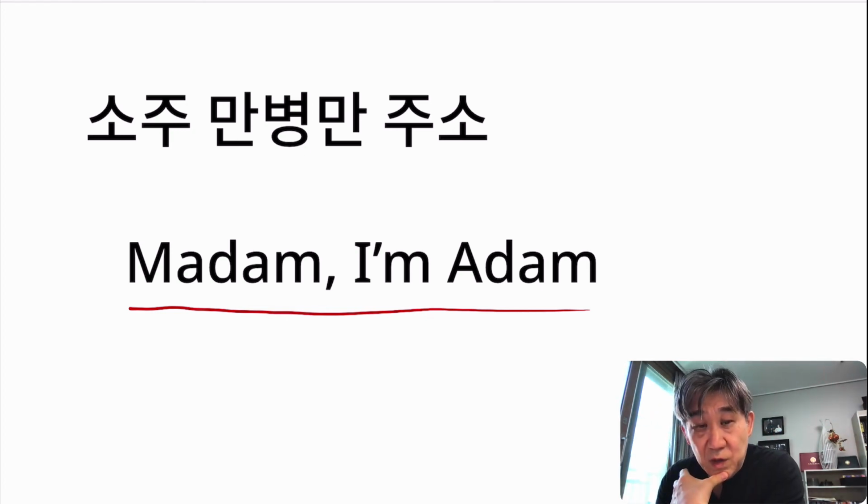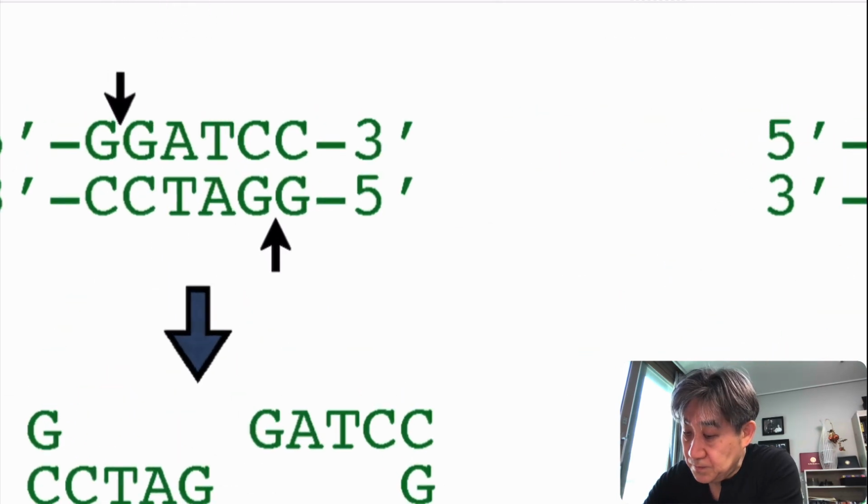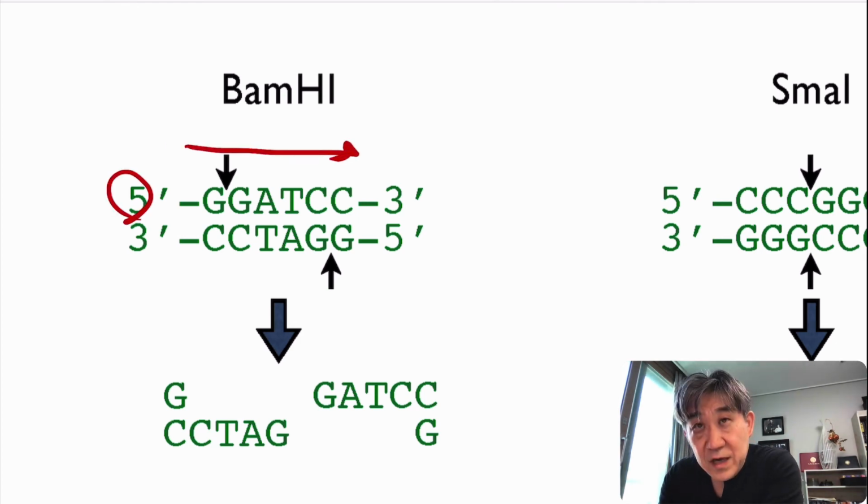In the DNA world, a similar palindrome exists. This is one such palindrome, GGATCC. In last week's class, I mentioned that DNA and also RNA, when they have complementary base pairs, exist in an anti-parallel way, right? One DNA strand goes from the left side, which is the 5' end.